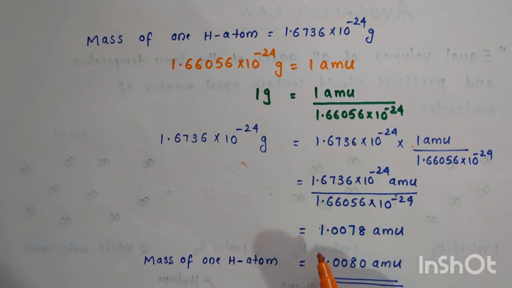When you do this calculation, you get 1.0078 AMU. That is, the mass of one hydrogen atom is 1.0078 AMU, or you can round this off to 1.008 or 1.0080 AMU.